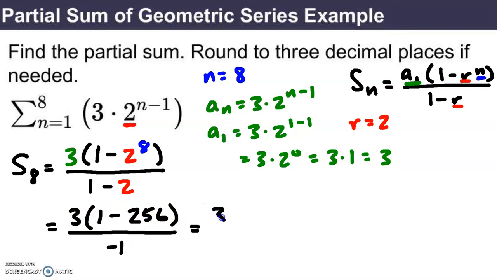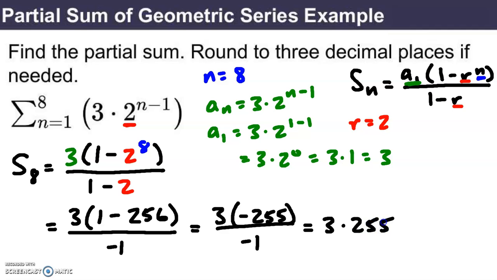Maybe I want to say I've got 3 times, 1 minus 256 would be negative 255. One convenient thing about this example is I think I can divide negative 255 by negative 1 and get just 255. So my sum is simply whatever 3 times 255 is. That's 765.